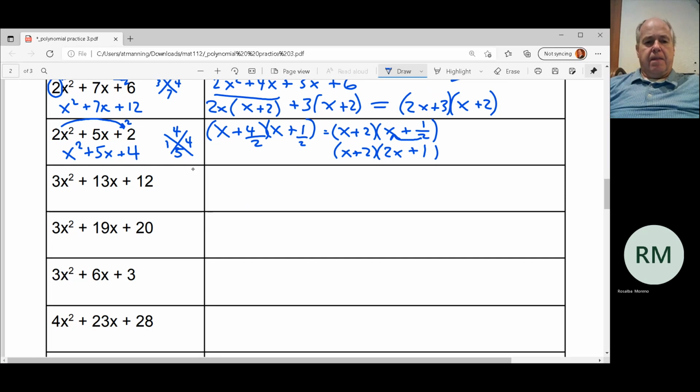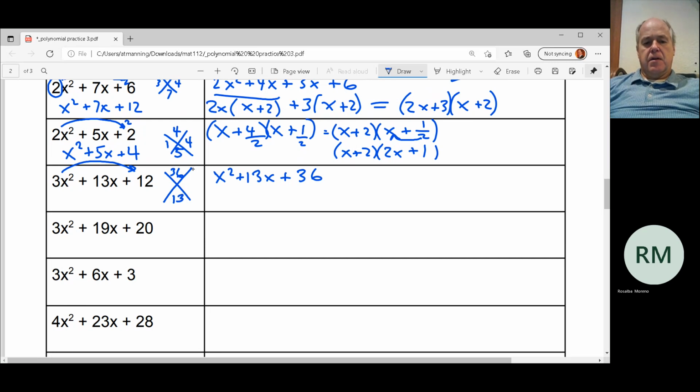Slide and divide. Slide the 3 over to the 12. That becomes x squared plus 13x plus 3 times 12, which is 36. Two numbers multiplied give us 36. Added together give us 13.